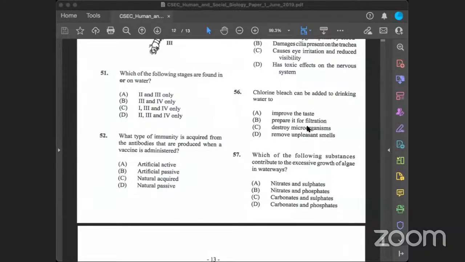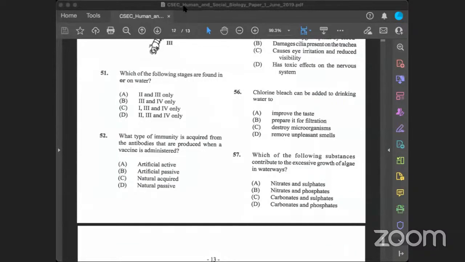Let's go through it. When we say active, what do we mean? It's active and passive immunity. What does active mean? Active immunity, the body is making the antibodies.